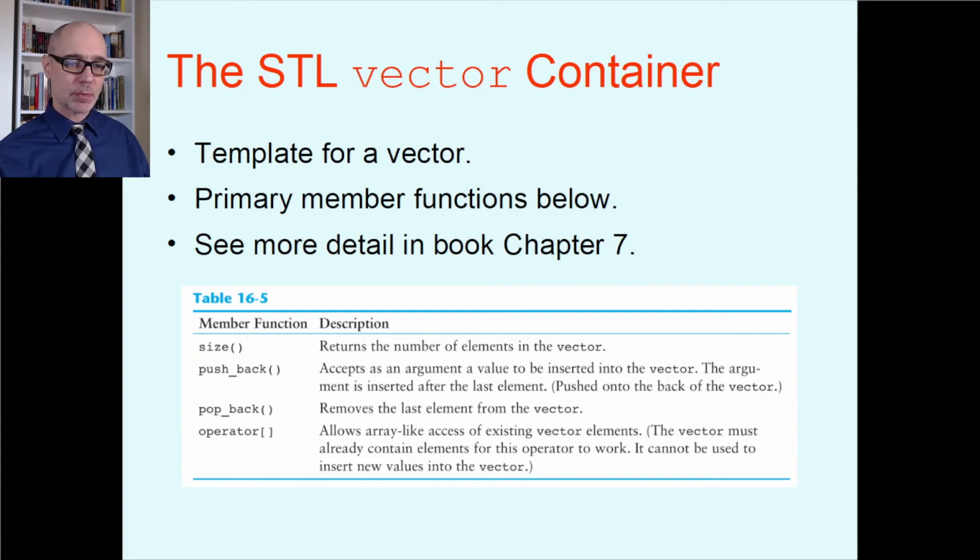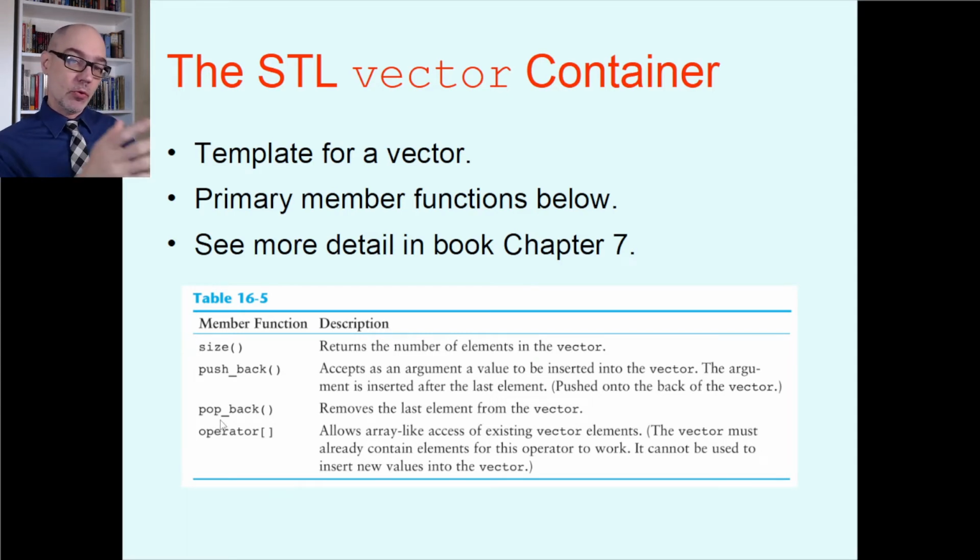So that's what push_back does. Takes one piece of data and pushes it on the end of your vector, the end of your list of data. The argument is inserted, added to your vector after the last element. Okay, we refer to that as pushing when you're adding more data into a container.